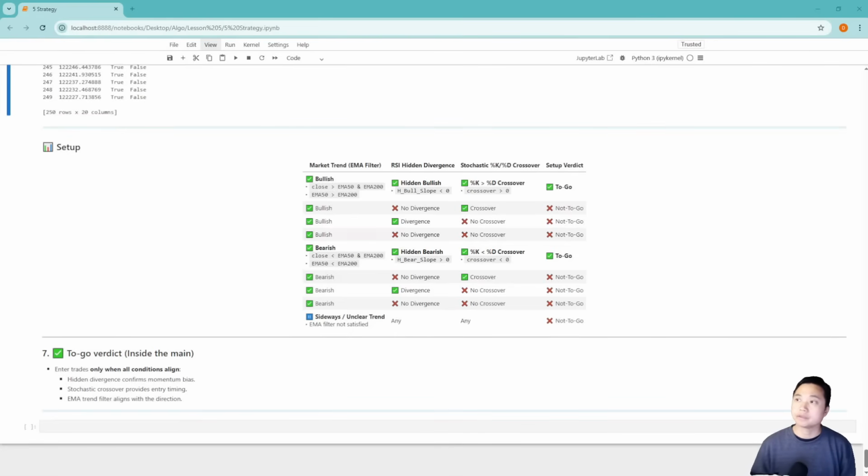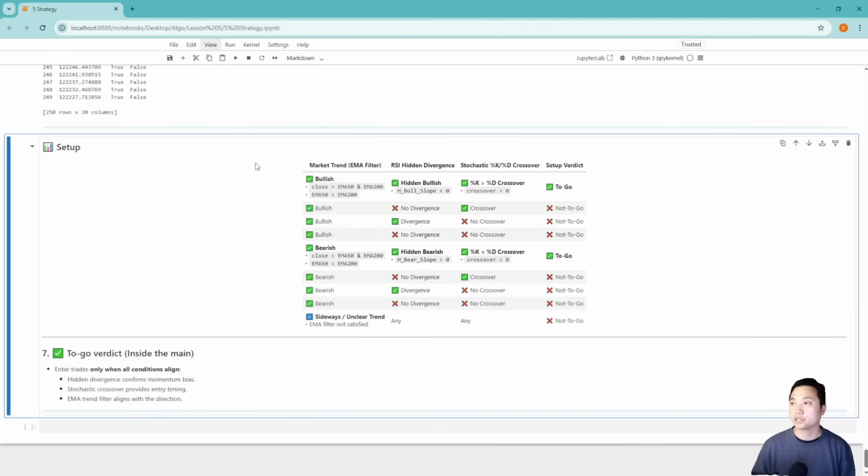That wraps up our trend filter build. We now have the three key components ready. First, the market trend formed by the EMA 50 and EMA 200 filter. Then we also calculate the RSI hidden divergence using this loop.